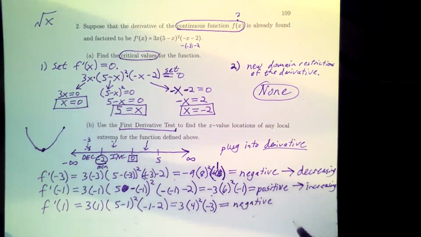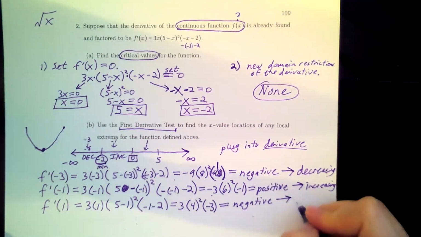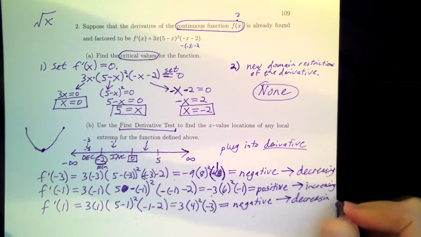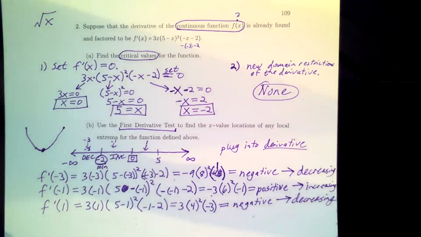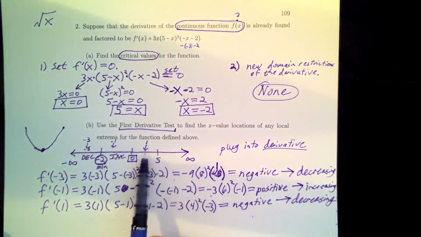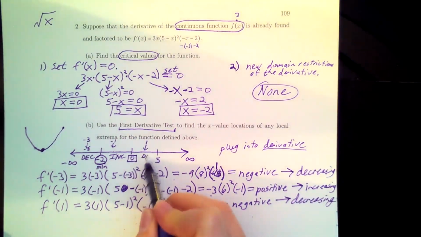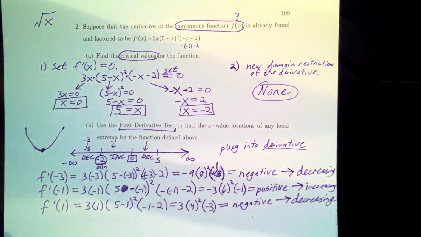And because that value is negative, that means my original function has to be decreasing. So I can come over here on this region that I pulled 1 from and say that my function on that region is decreasing.